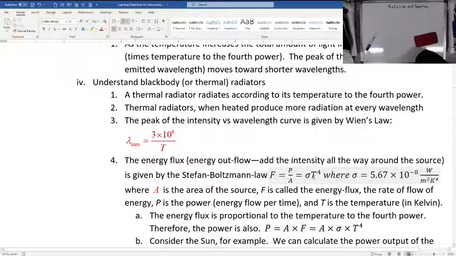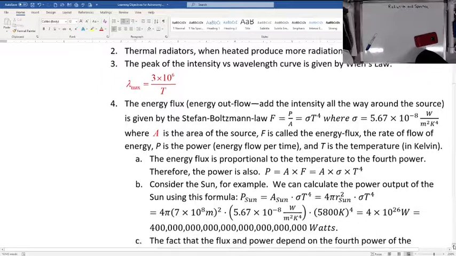And that's really all I want you to know about this. There's some constant here. It doesn't matter really what its value is, but the rate at which something radiates power goes as the fourth power of its temperature. And so something that's a little hotter produces a whole lot more power.